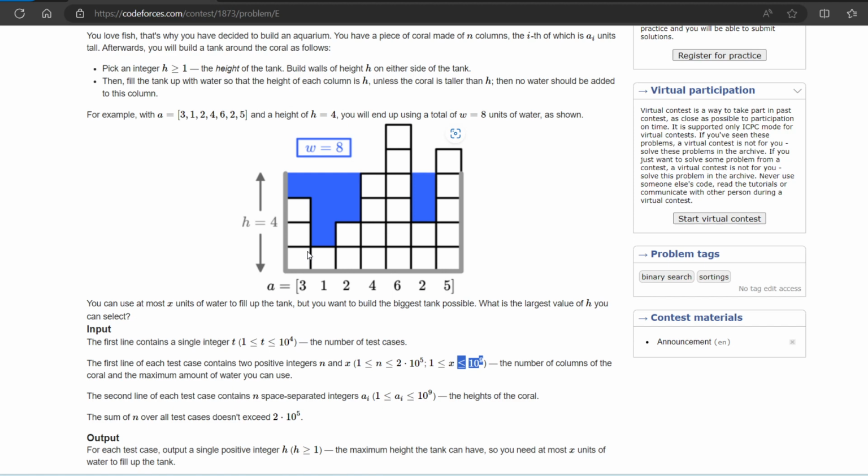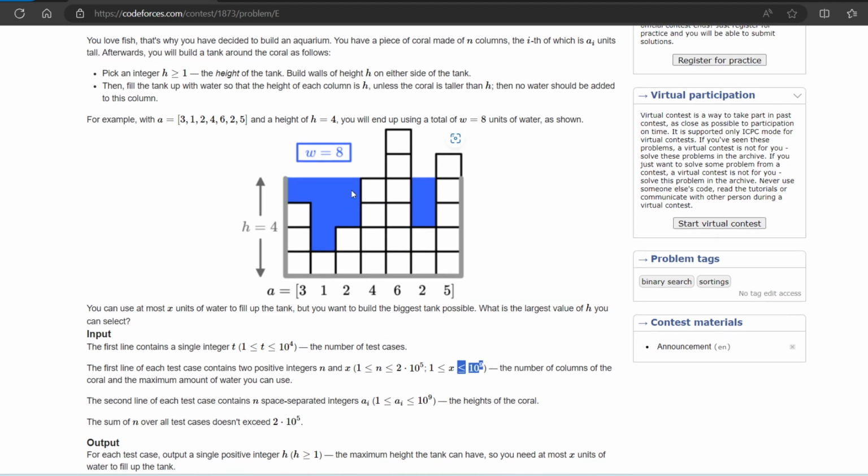The thing to understand here is, suppose you choose a height, in this example, of h equal to 4. Any wall with height greater than or equal to this height would have no water. As you could see, there is no water here.